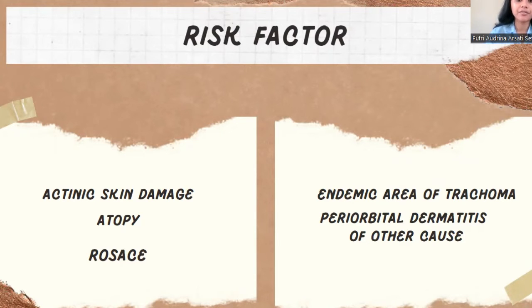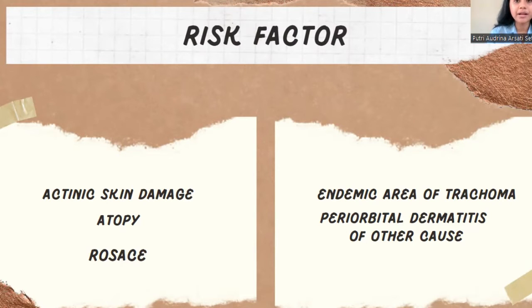Endemic area of trachoma is rare in the United States, but it's common in several countries such as Africa, Asia, Central and South America. And last is periorbital dermatitis of other cause. It can be psoriasis or contact dermatitis.